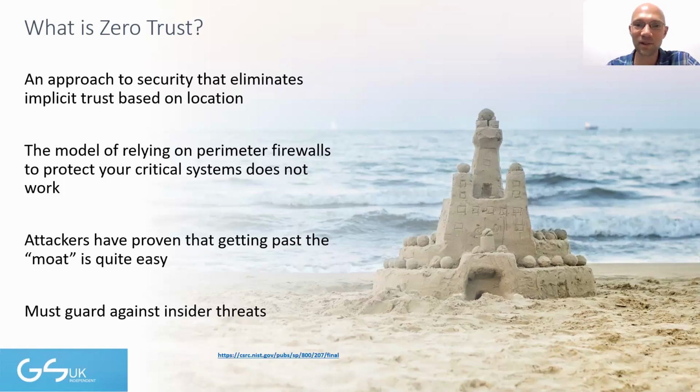So you essentially have lots of different moats these days, and it's getting more complicated to have this moat model where you trust everything inside it. And finally, even systems and people that are legitimately connected to your internal network cannot necessarily be trusted. There's always the insider threat problem that you also need to guard against. So those are all good reasons why you need to be moving towards a Zero Trust model these days.